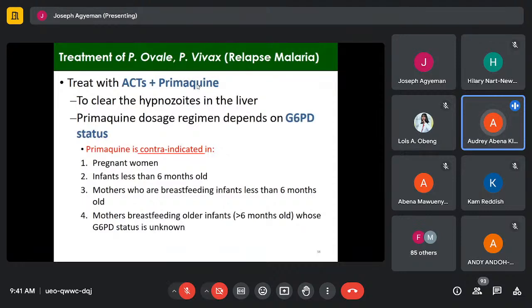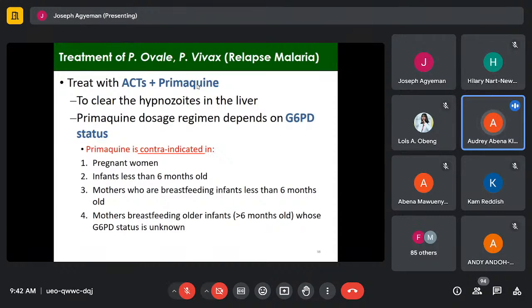Based on the life cycle, for the sporozoites, I had pyrimethamine, proguanil.